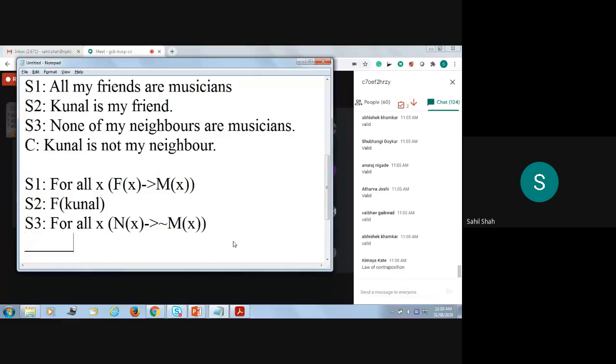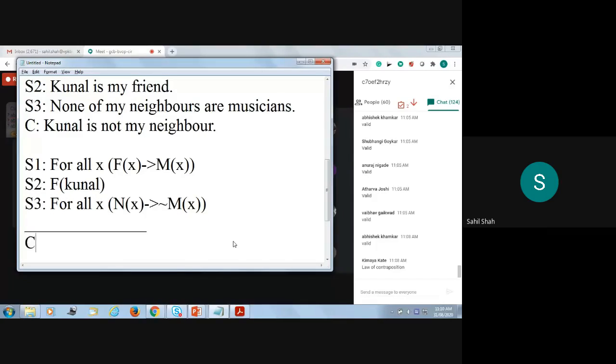And what is the conclusion? Conclusion is Kunal is not my neighbor. That is the negation of N of Kunal, and you have to now tell the validity.